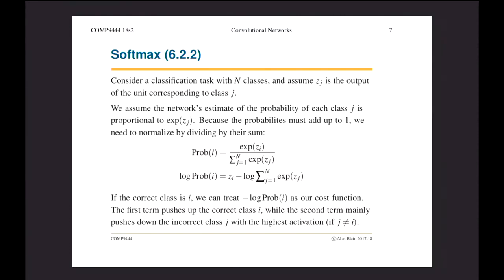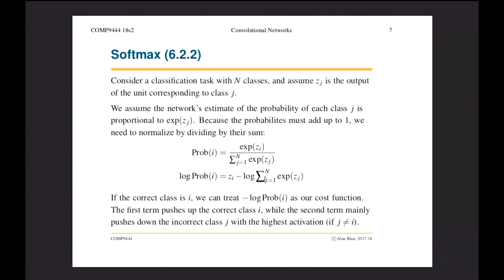So this enables us to take those network outputs and convert them into probabilities, and then we do maximum likelihood based on that probability. The training is done to maximize the probability that's assigned to the correct class.